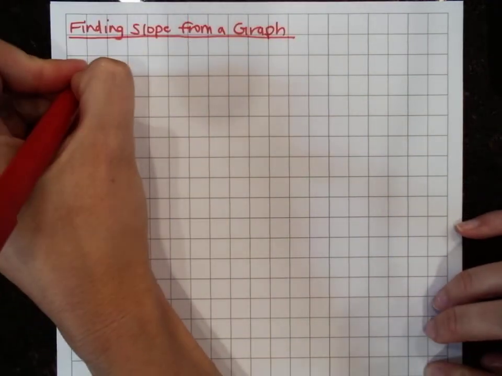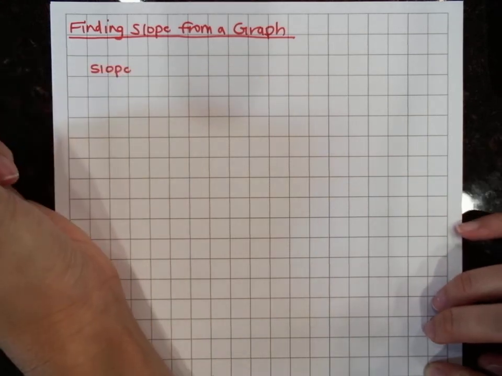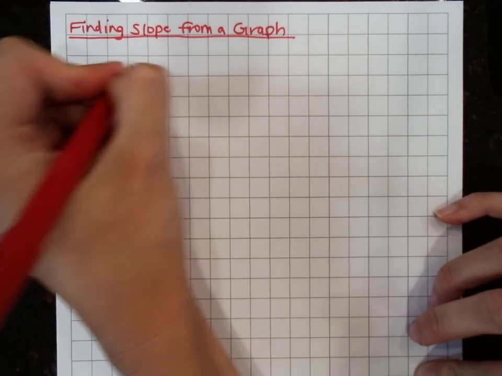So we just need to know a couple of things about slope in order to find the slope. The slope has a couple of names.